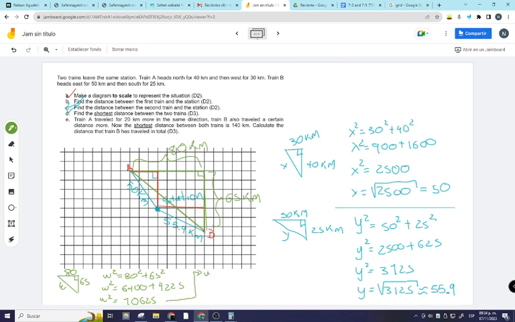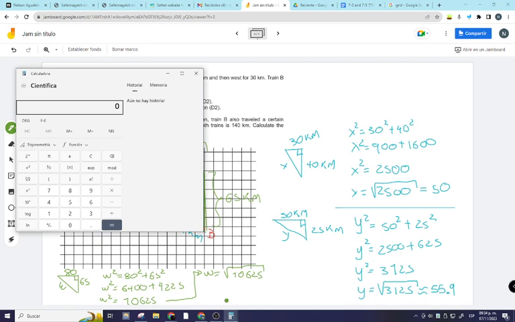W is the square root of that. Okay, let's find it. Excuse me, I wrote it wrong.